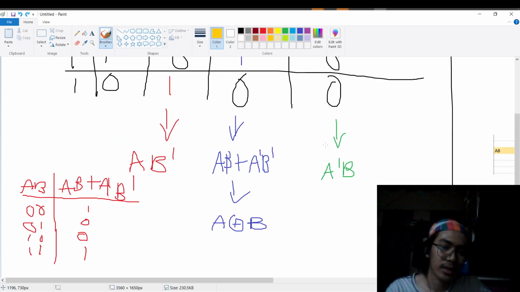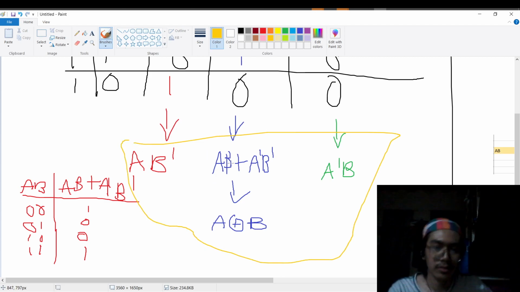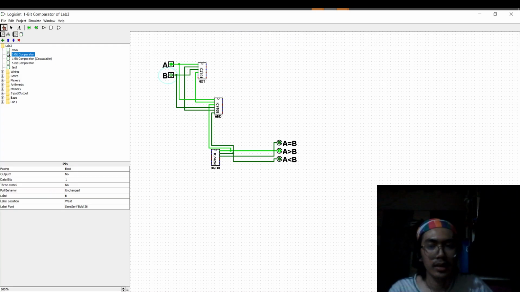Then we can now use these three formulas to create a Logisim counterpart. As you can see right here, we just use ICs for NOT and XOR and have three output values.